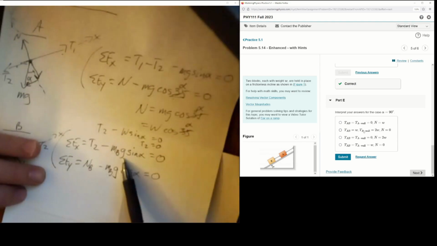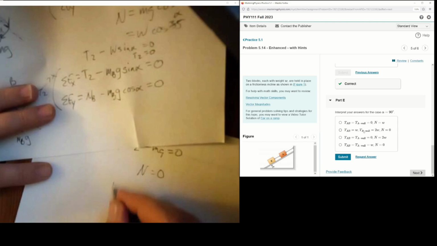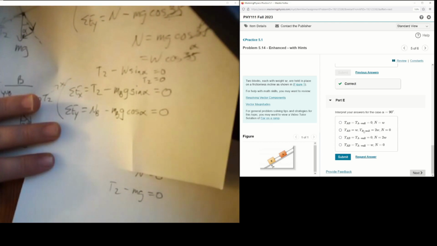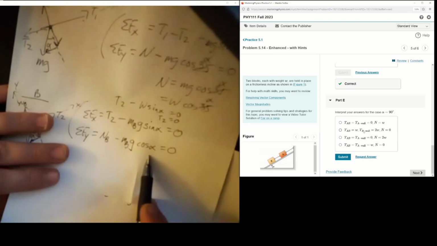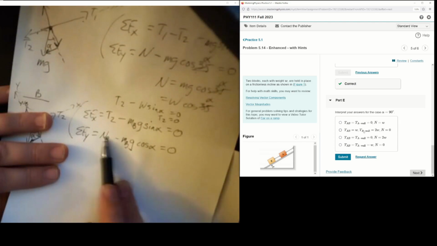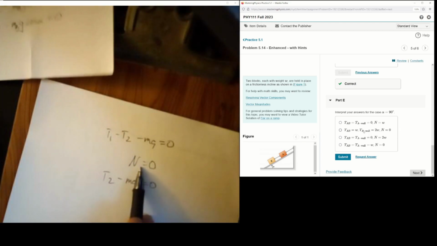If we go to our third one here, if alpha is 90 degrees, sine of 90 is 1. And so we would get T2 minus mg equals 0. And for the last equation, if alpha is 90, cosine 90 is 0, the normal force would have to be 0, which is something we've already got written down.